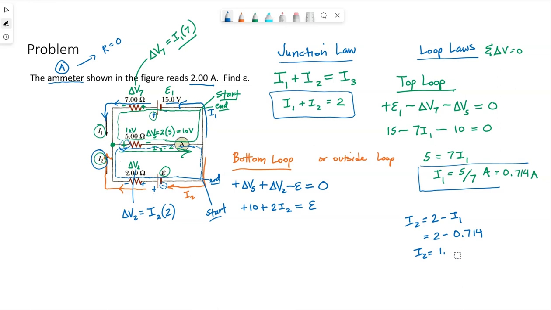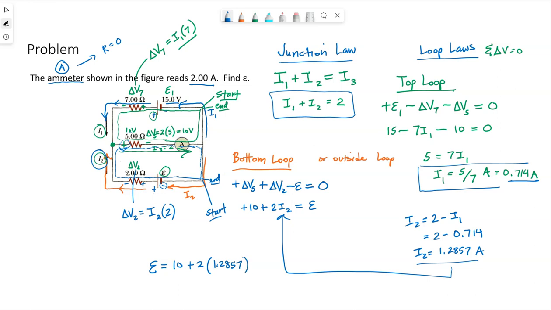I kept the whole digits that are in my calculator beyond the 4, the 0.714. So 1.2857. I'm not rounding too much yet because I'm not at a final answer. I can now plug this in for I2. I will round once I get this, since this is my final answer.